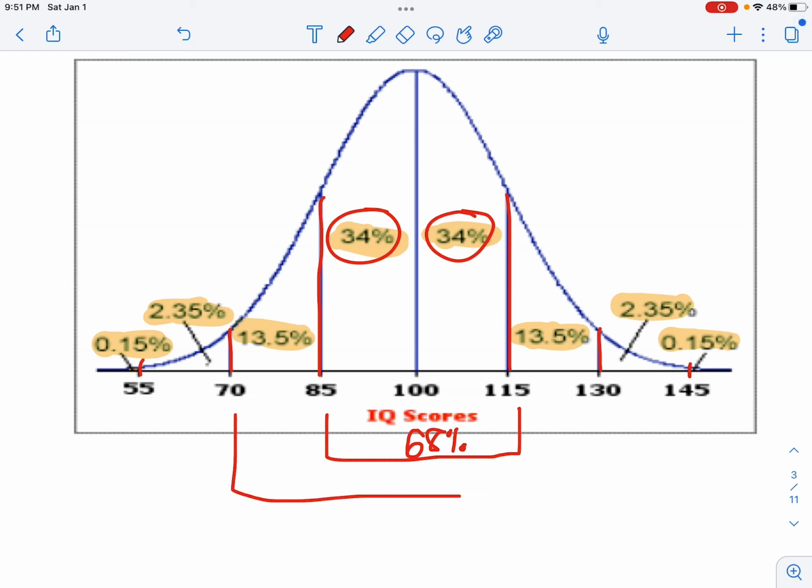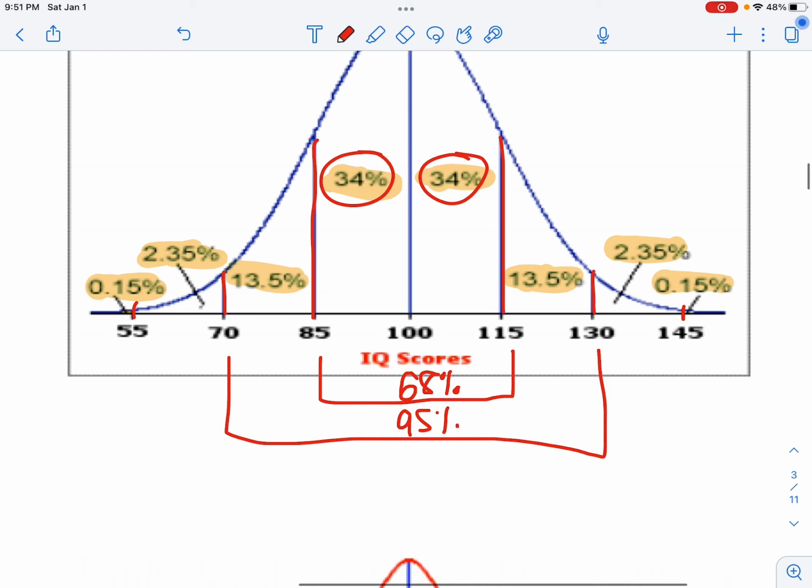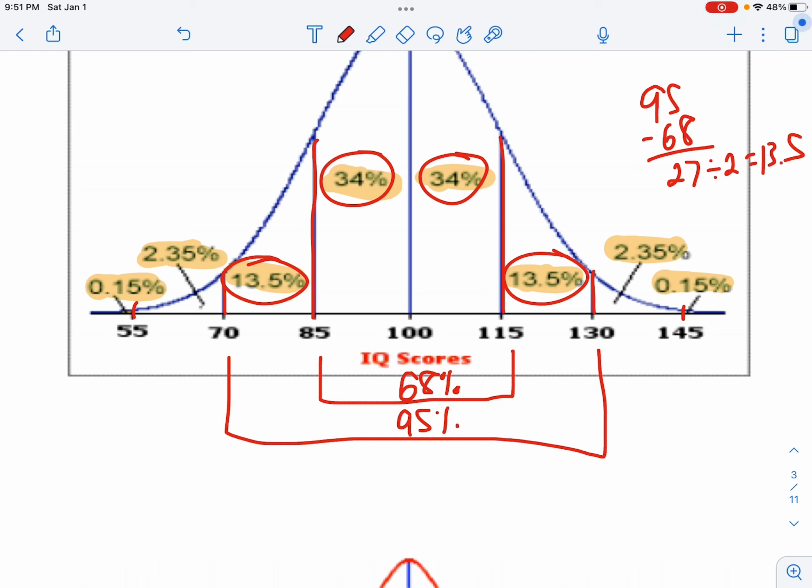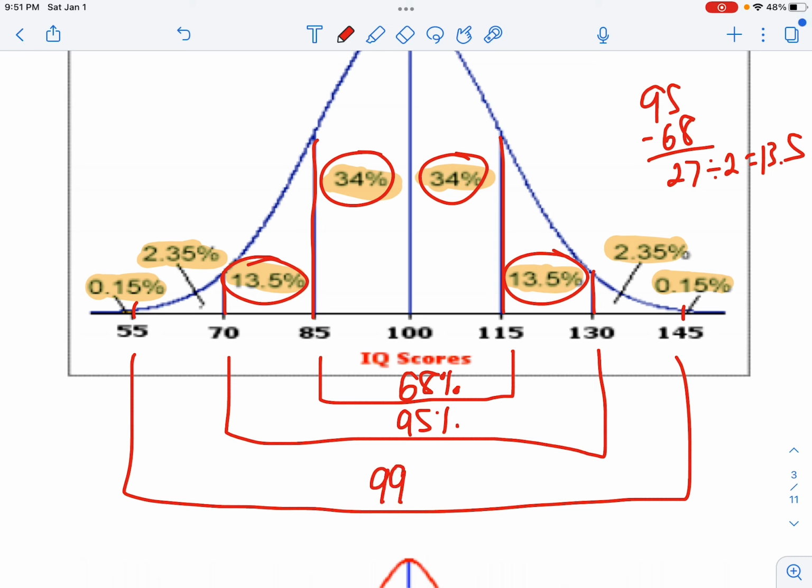Then as you go out another standard deviation, that's going to be 95%. Okay? So a little more quick math. If you took this 95 and subtracted 68 and then divided that by 2, that's going to give us your 13.5 and your 13.5 that you see here and here. And then finally, 3 standard deviations left and right is going to account for almost everything. It's going to be 99.7% of the population.